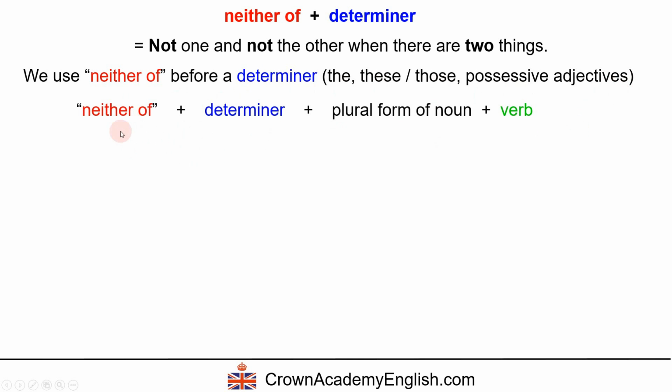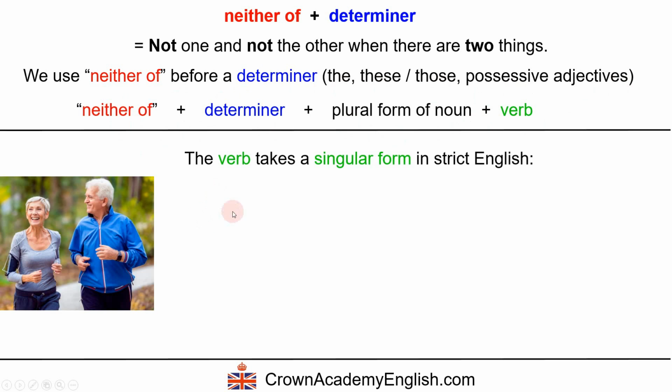Here is the form: neither of followed by a determiner followed by a plural form of the noun and then the verb. Again, it's the same rule. The verb here takes a singular form in strict English.